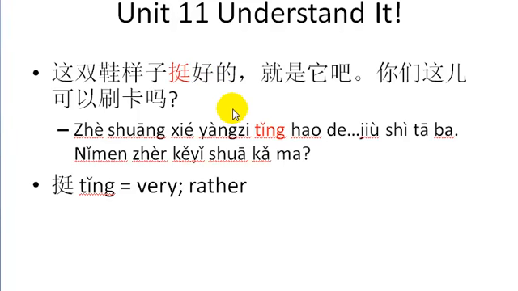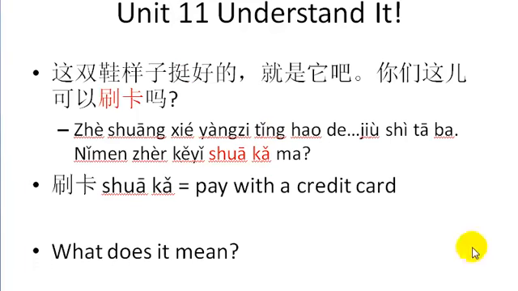Okay, very good. 挺好的. Very similar to, you could also say 很好的, which you've learned before. 就是它吧. 你们这儿可以刷卡吗? So what is this following stuff here? Let's have a look. 刷卡.